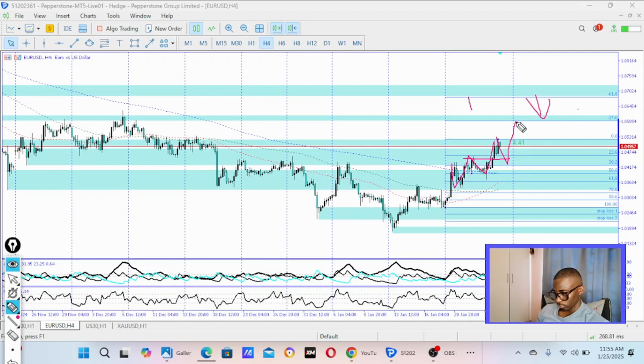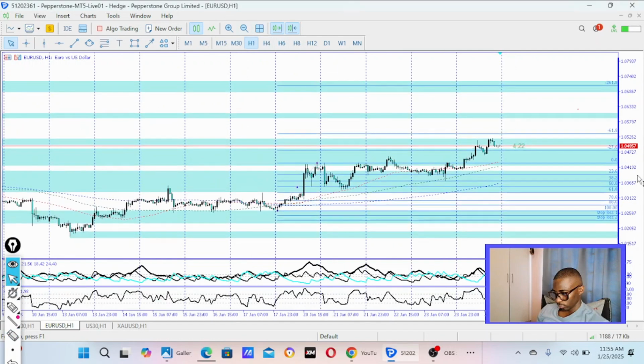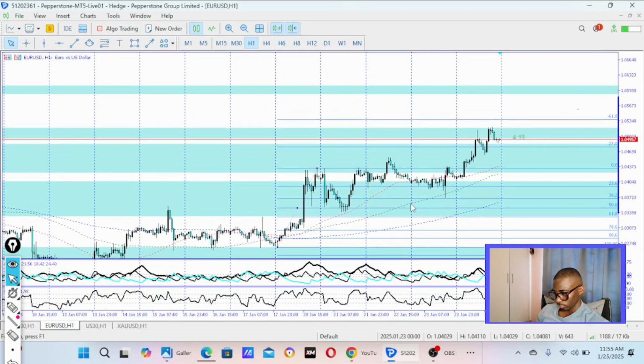Continuation of a buy. So let's go to H1, because my entries are based on H1 as a structure. On H4 I go to H1 to look for my entries. Remember, on the weekly, this is the area where I'm looking to buy Euro USD.